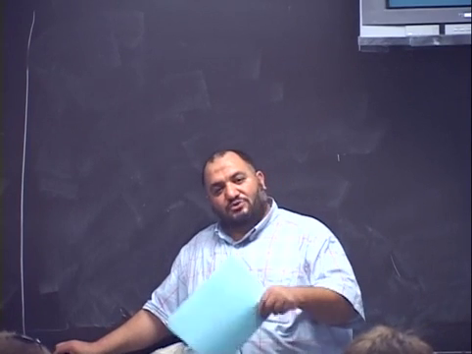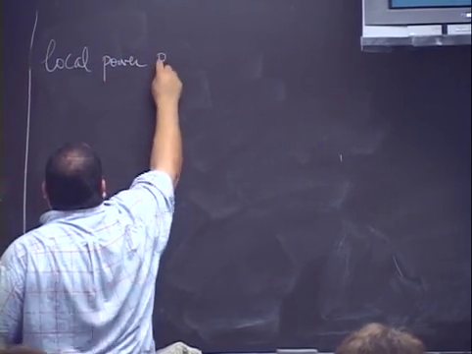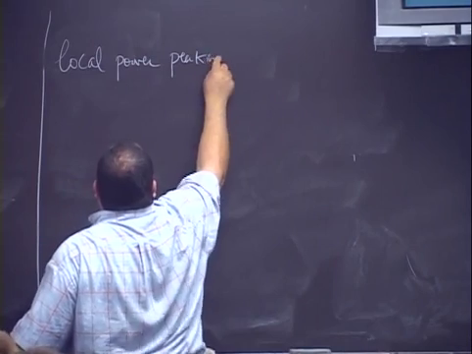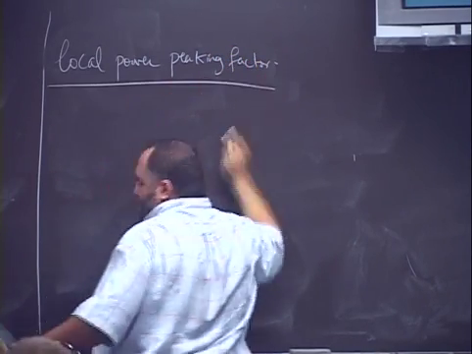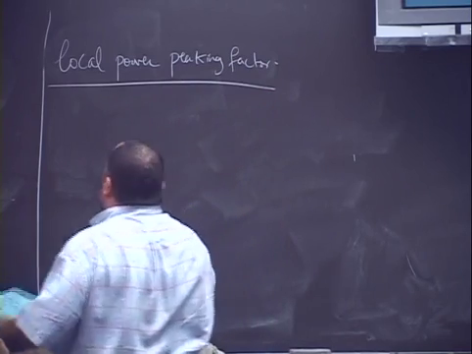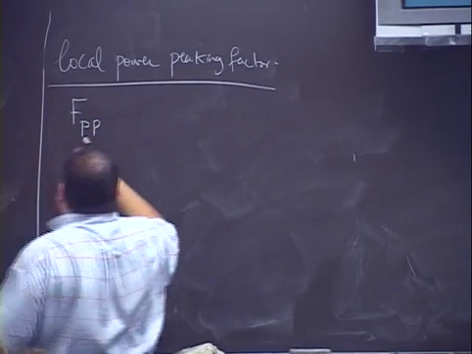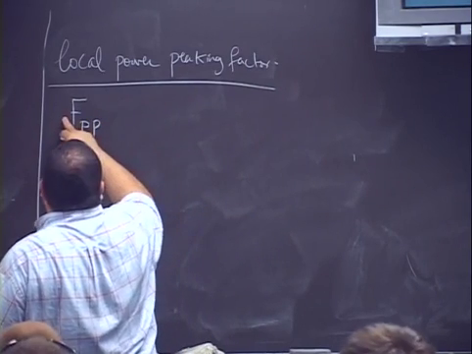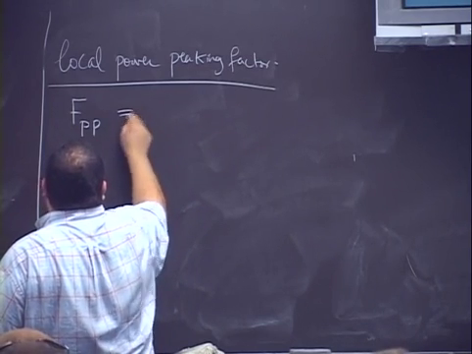Now we come to a new factor that I have to take into consideration, and this factor is called the local power peaking factor. We will define a ratio called FPP, the power peaking factor.